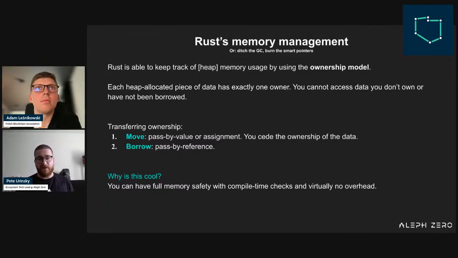And this whole model may seem a little daunting at first, but what it gives us is basically that we can have full memory safety. Everything is checked during compile time, and the runtime overhead is negligible. There's no runtime overhead.